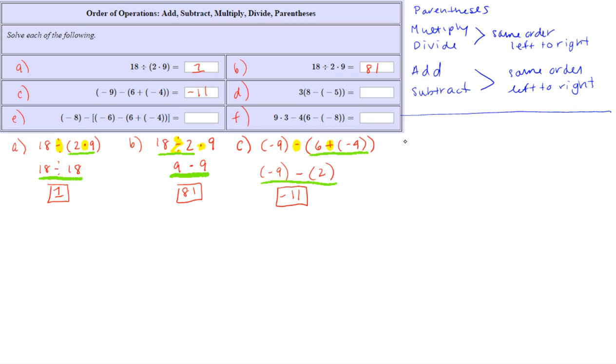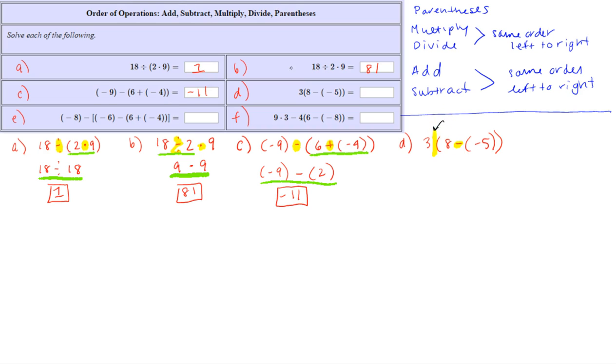Let's look at D. So we have 3 parentheses 8 minus -5, close parentheses. So the 3 and the 8 next to each other with the parentheses in the middle is implied multiplication here, and we have subtraction.